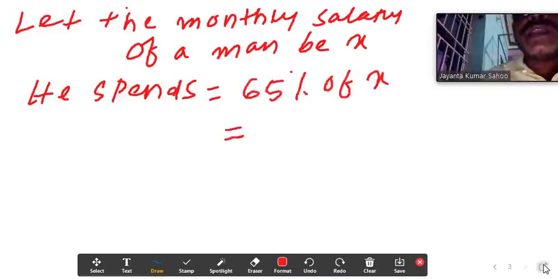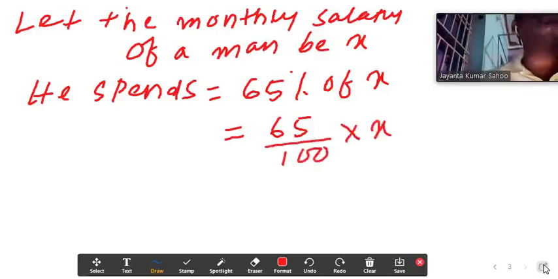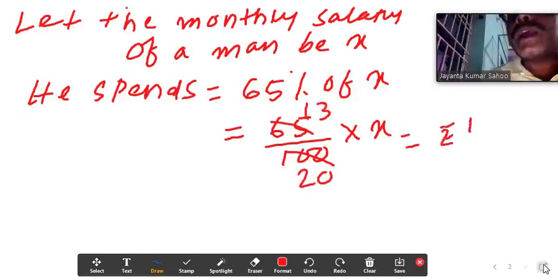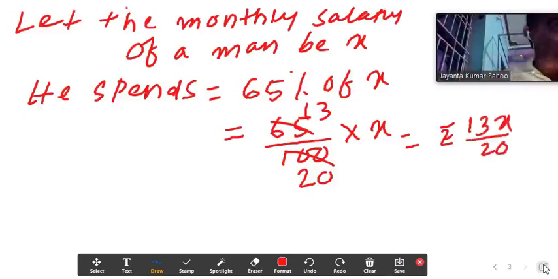And equal to, 65% means divided by 100, so 65 by 100 into X, and we can cut also. 5 twos are 10, 5 ones are 5, 5 threes are 15. Equal to, he spends, that is rupees 13x divided by 20 he spends, and the remaining amount, what he does, now he saves.